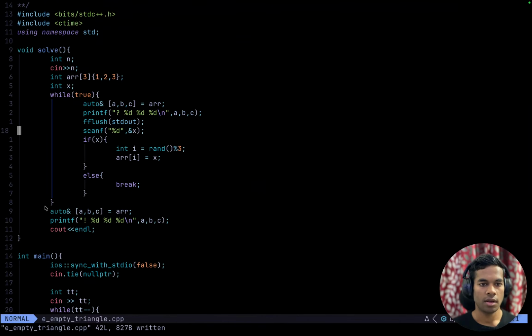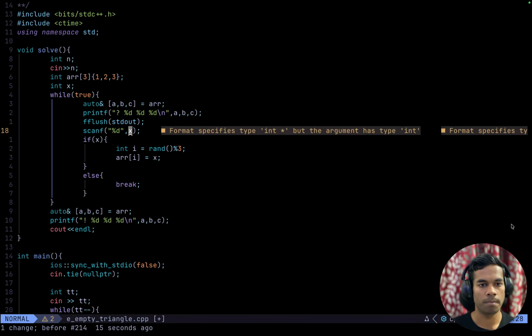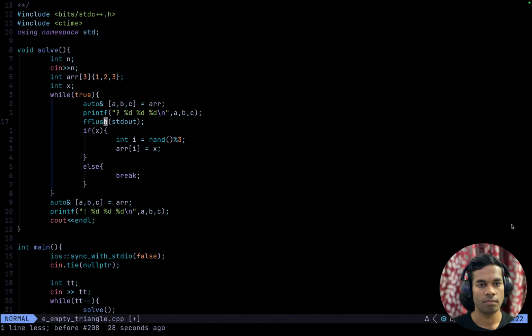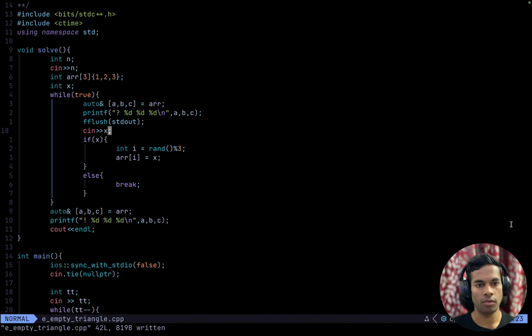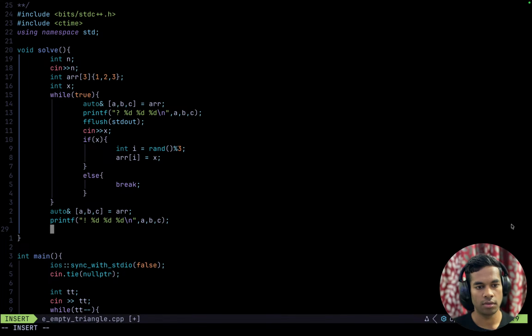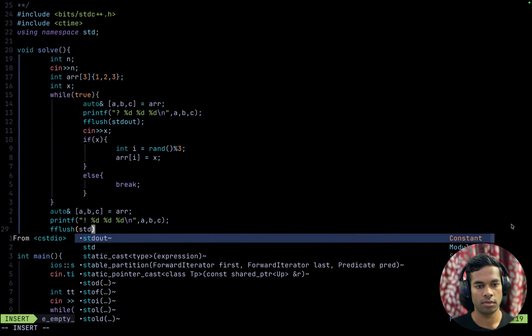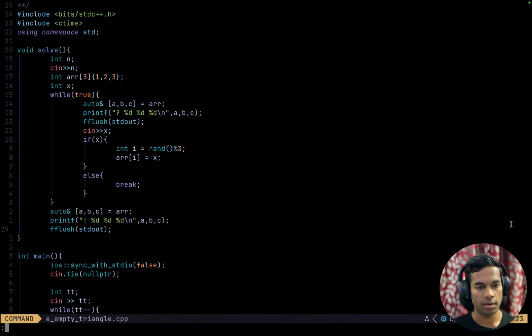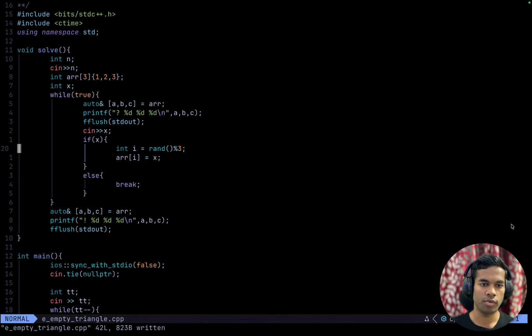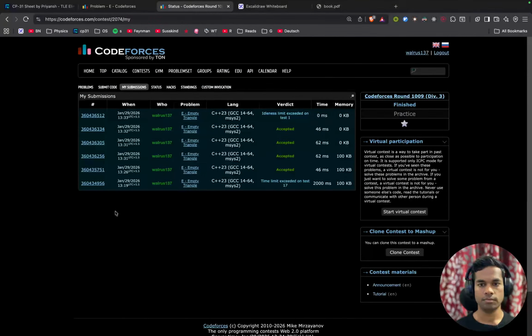But what we can do is use printf for output, and for input we can use cin, and that would work.